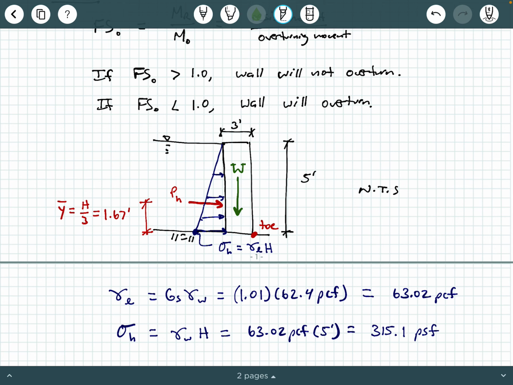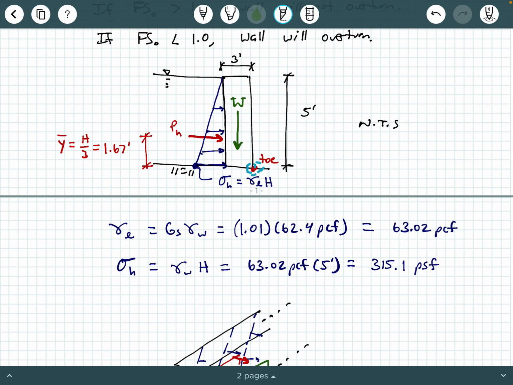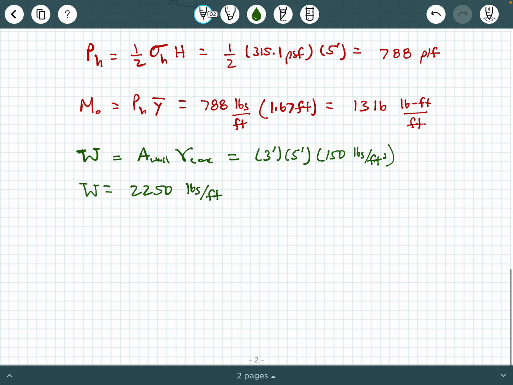Now, we need the resisting moment, right? So how do we get the resisting moment about the toe? Well, you just multiply that W by its perpendicular distance to the toe, which is half of the wall width, 3 feet over 2, okay? So we're going to say the resisting moment is going to be this wall weight times the thickness of the wall divided by 2.